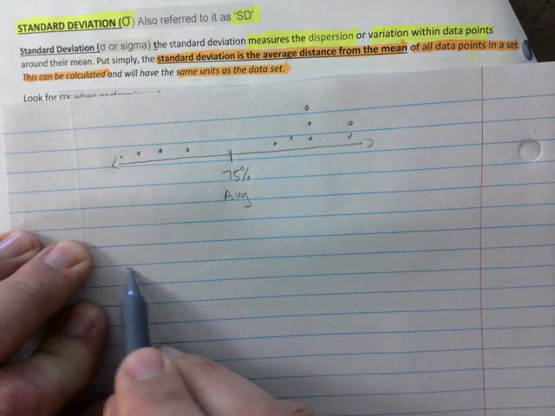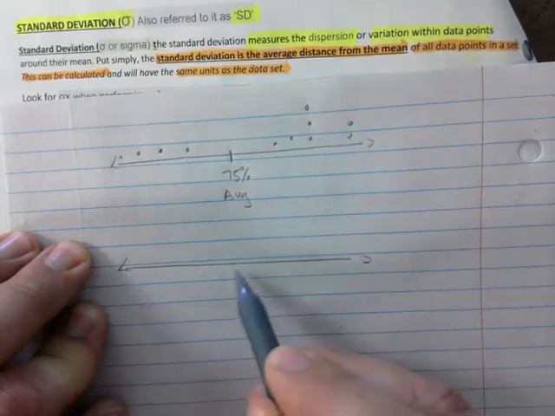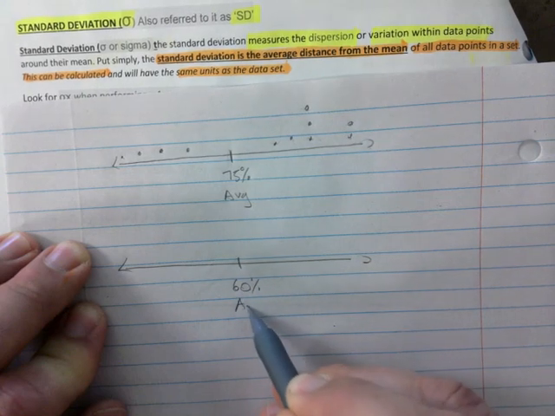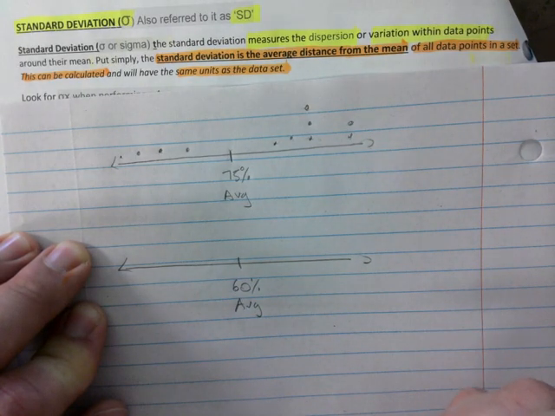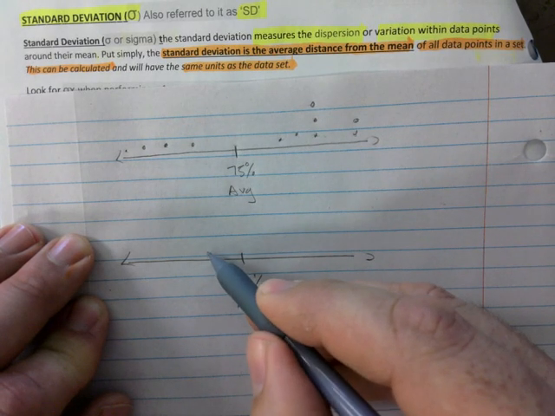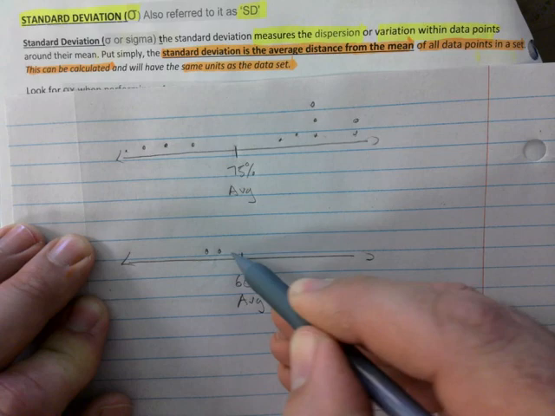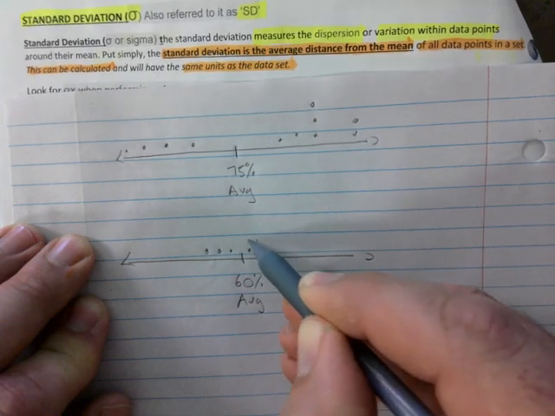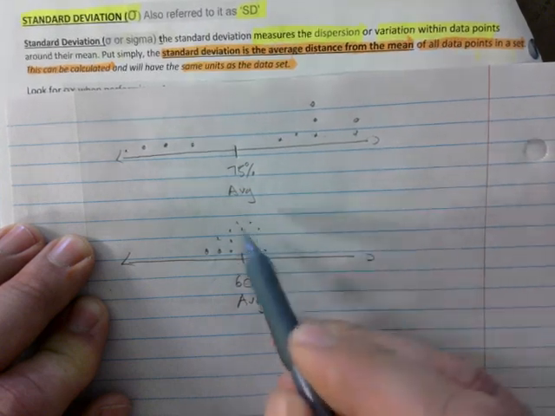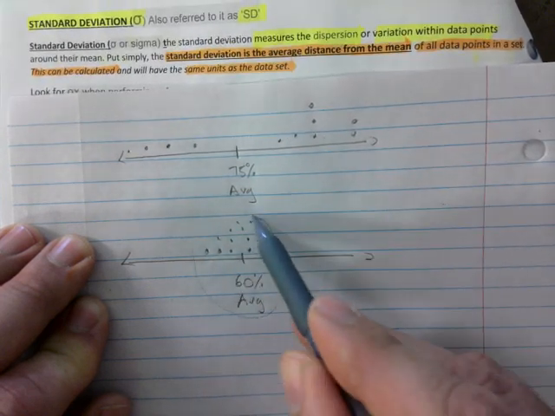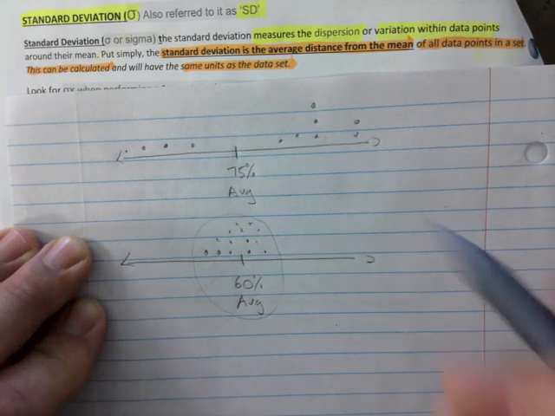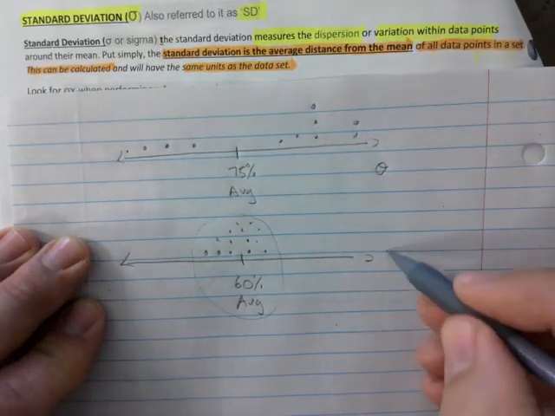If I look at another class, and let's say the average for that class is 60%, it's a lower average. But I am more interested in seeing how spread out the data is. If I put these points down, I notice that most students are scoring close to 60. Let's say we calculate the standard deviation for each.